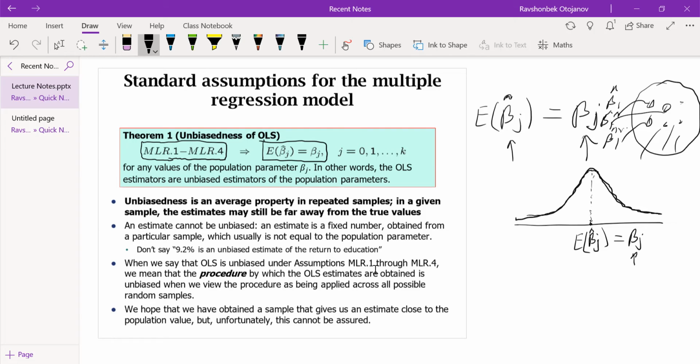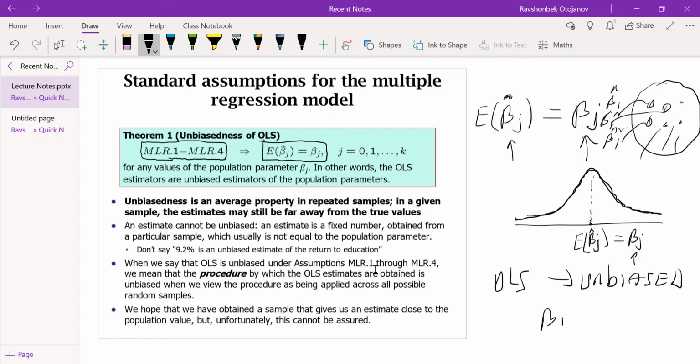When we say that OLS is a biased estimator, or our estimates are biased, we mean that the procedure with which we calculated these estimates is biased. So it's the procedure, OLS in this case, that would be biased. When we say OLS is unbiased, we simply mean that it's the OLS procedure that's unbiased, not the estimate.